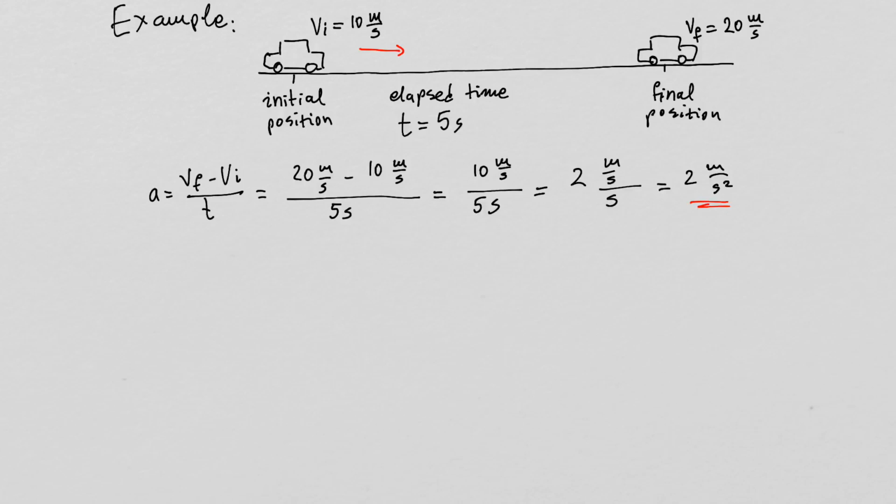This example is essentially the same thing as you driving a car and stepping on the gas pedal. You are providing acceleration in the direction of motion of your car, and as a result, the speed of your car increases from some initial value to some final value. Of course, we can also have the opposite process.